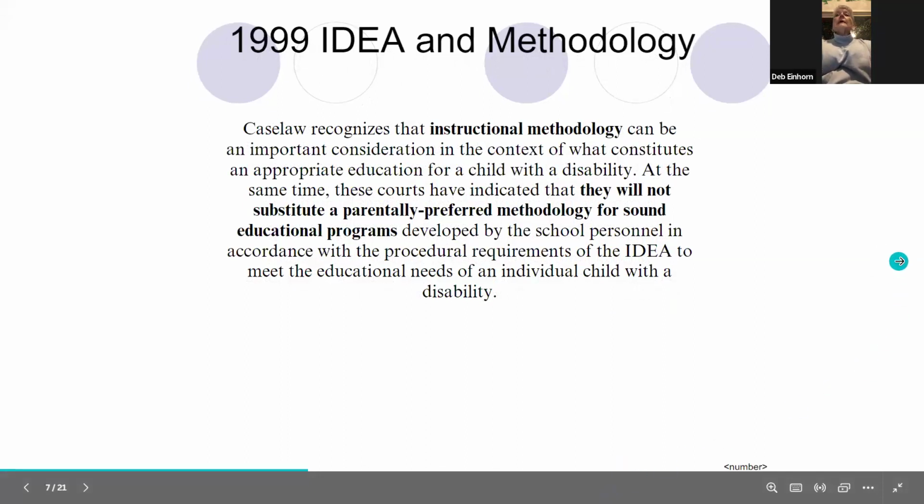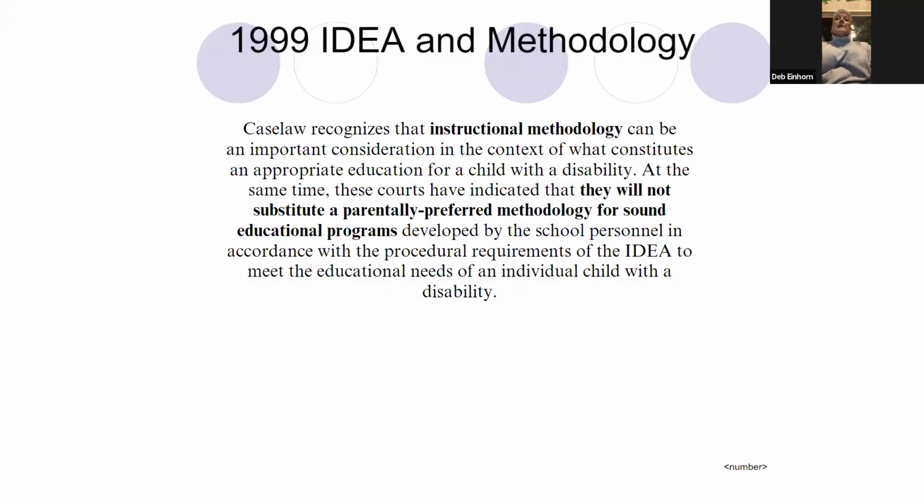So case law recognizes that instructional methodology can be an important consideration in the context of what constitutes an appropriate education for a child with disability. At the same time, courts have indicated they will not substitute a parentally preferred methodology for sound educational programs.